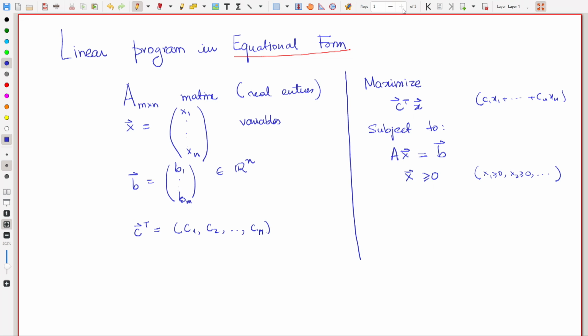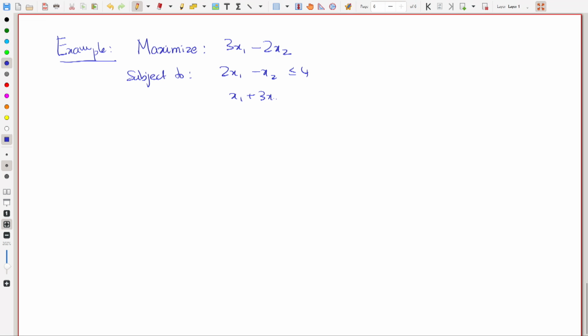So here is a problem that I prepared. Maximize 3 x 1 minus 2 x 2 subject to 2 x 1 minus x 2 less than or equal to 4, x 1 plus 3 x 2 greater than or equal to 5, x 2 greater than or equal to 0.